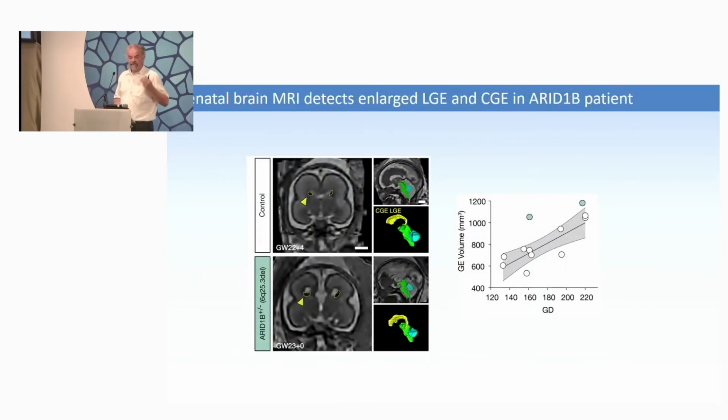And so we tested this using pre-existing fetal intrauterine MRI data. We were lucky in that our clinical collaborators had high resolution fetal MRI data, and we used that to do volumetric measurements. And what we find is that the ganglionic eminences indeed in those patients are enlarged, and this is happening throughout development. So our organoid screen can be used to make predictions which then actually hold true in real patients.